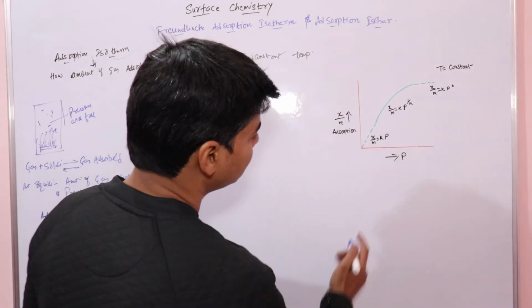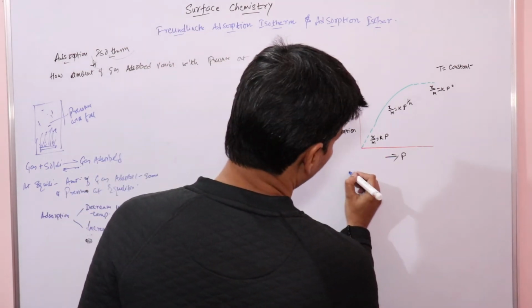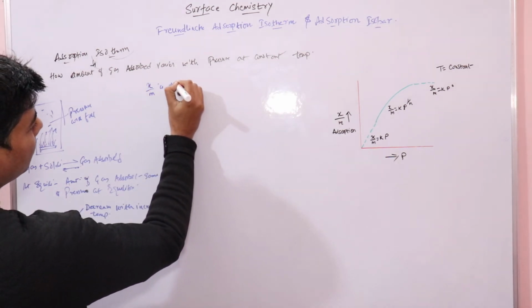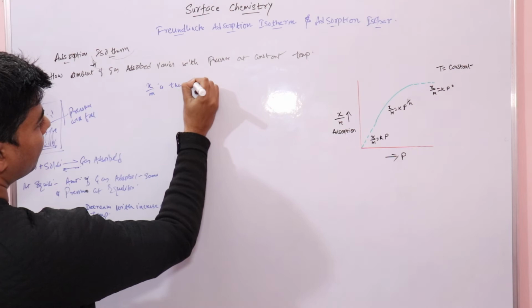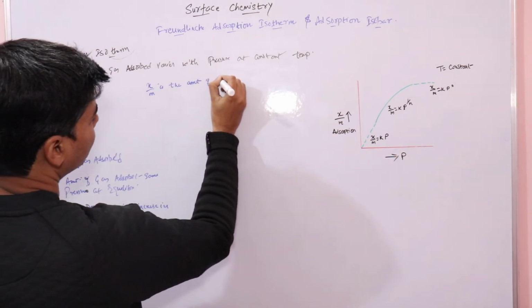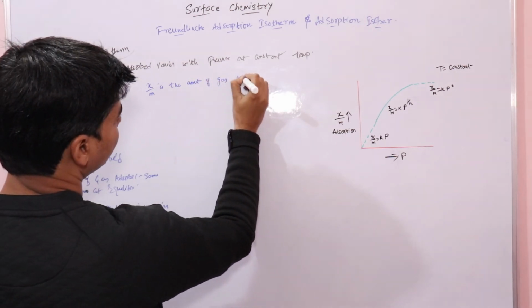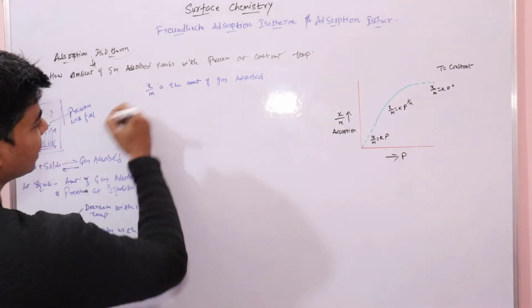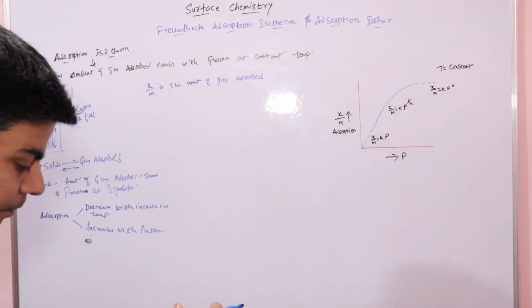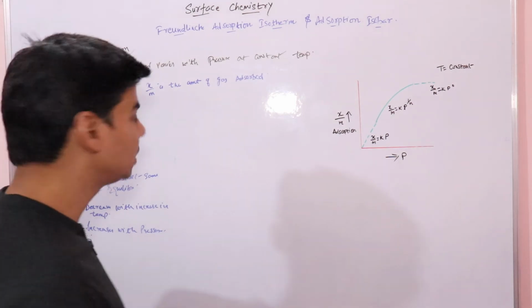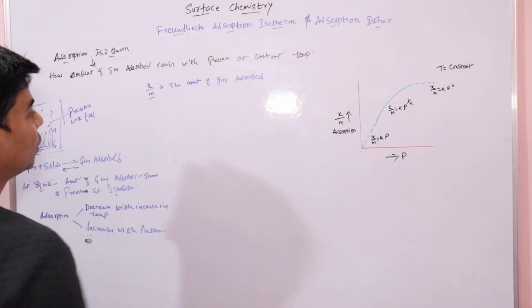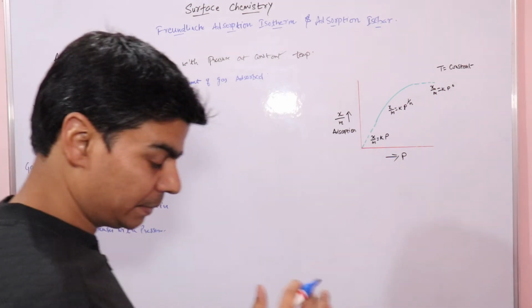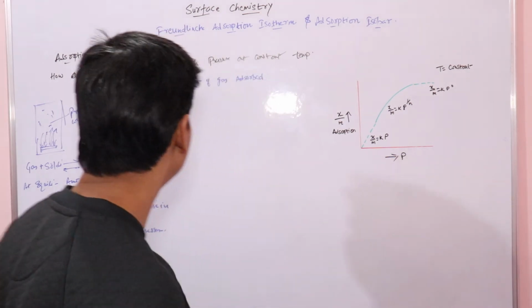So here x upon m is the amount of gas adsorbed, where x is the mass of the gas adsorbed, and m is the mass of the adsorbent.